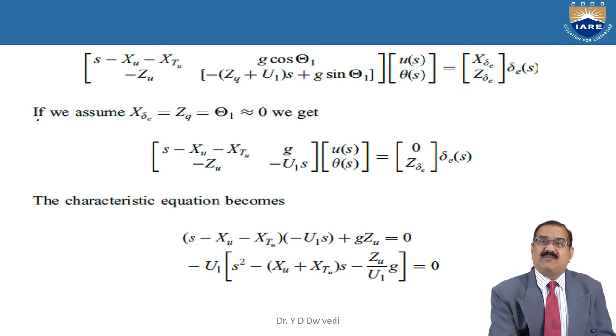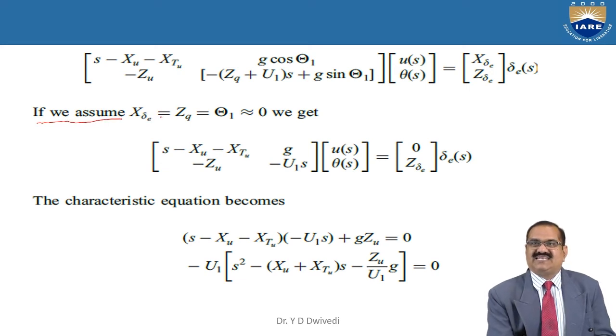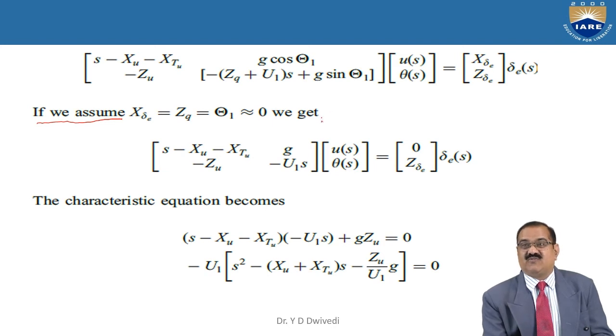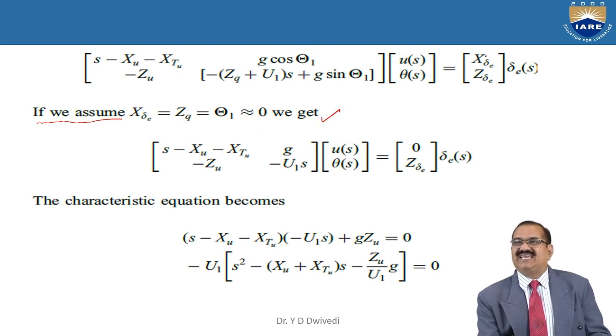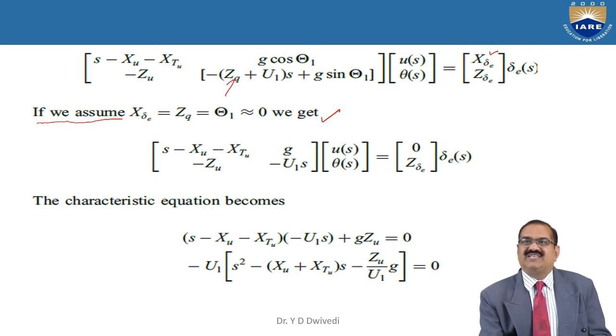For the approximation, we set X delta e equal to Zq equal to theta 1 equal to 0. So X delta e we have made 0, Zq we have made 0, and theta 1 is also 0.